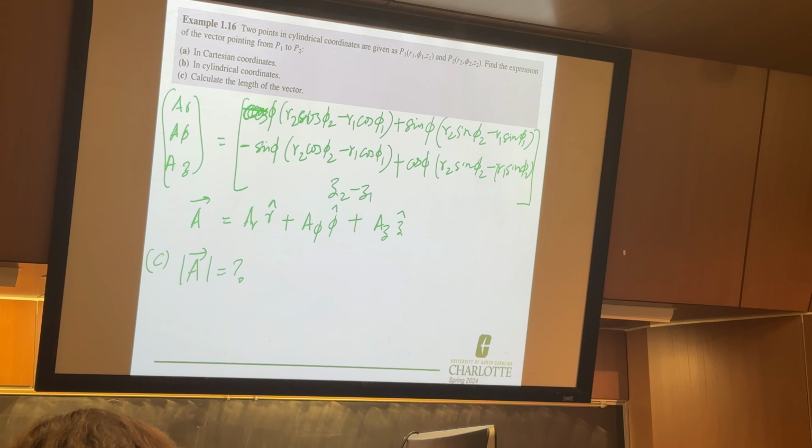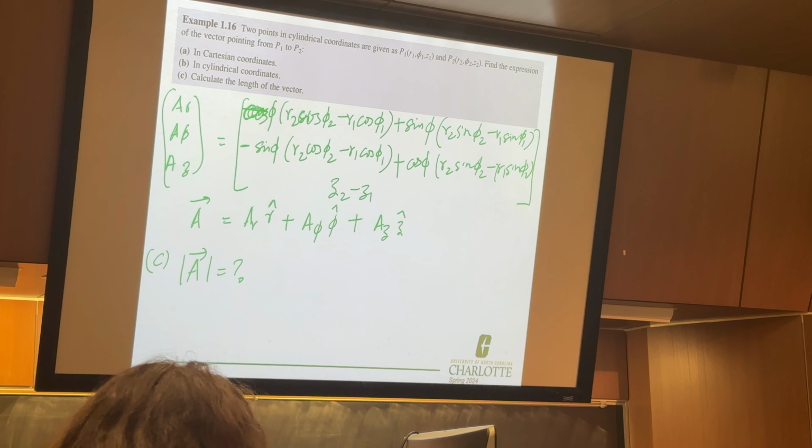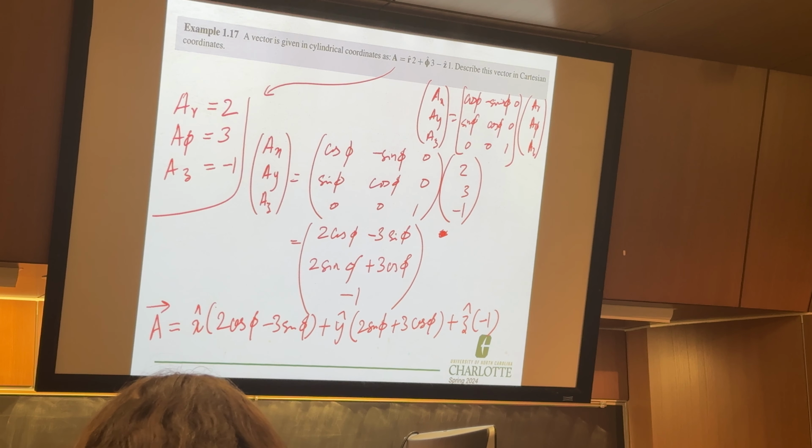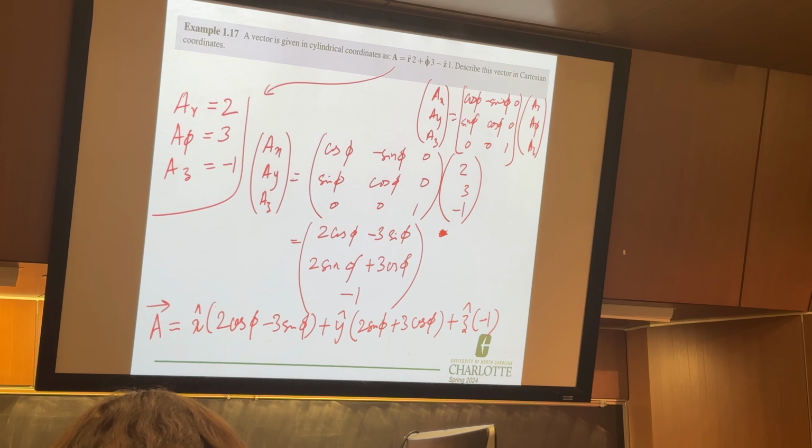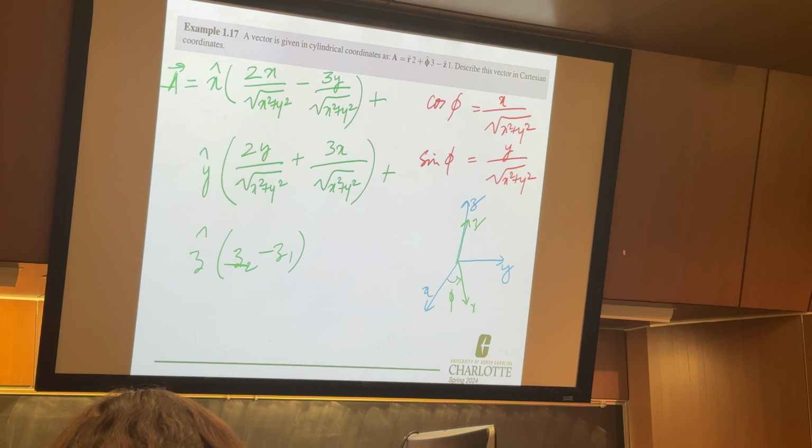It's a generic points and the vector connecting the 2 points. Now in the second problem, we have a vector given in the cylindrical coordinate system, and what is the corresponding, the same vector in an XYZ Cartesian coordinate system.